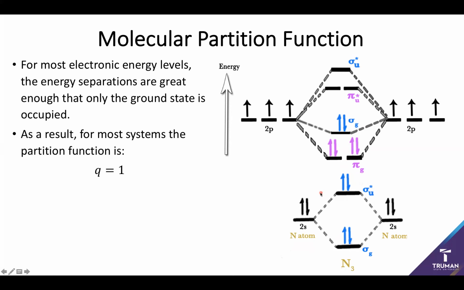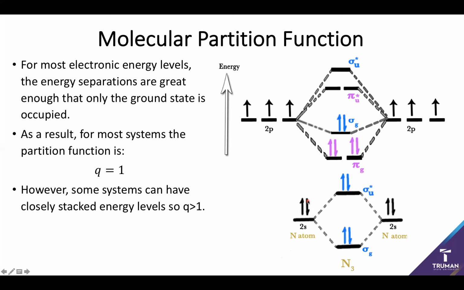As a result, for most systems, the partition function is 1, because there is no occupation of the excited state. It is worth noting that there are several systems where this breaks down, and they are often neglected. So it's important to know that they're out there.